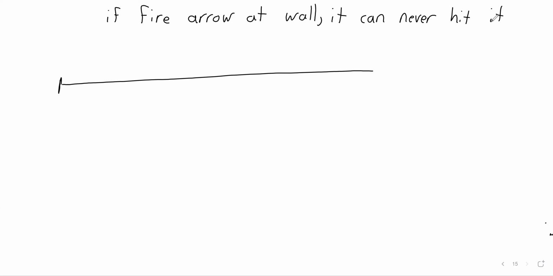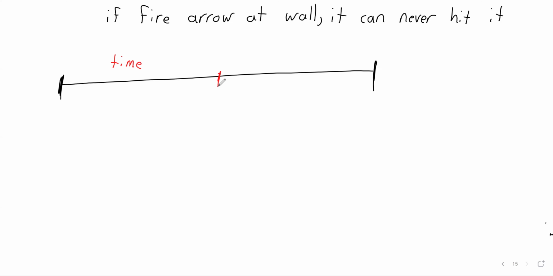And his argument was this. So here's you, and here's the wall. So let's say you fire this arrow. Well, before it can get to the wall, Zeno says, it has to get halfway to the wall. That goes without saying, and this will take some amount of time. The arrow cannot move instantly.